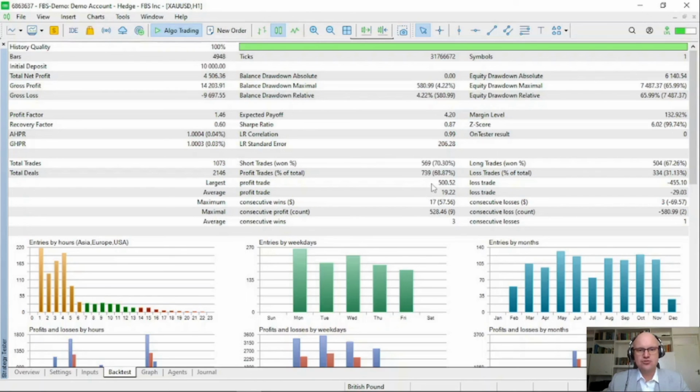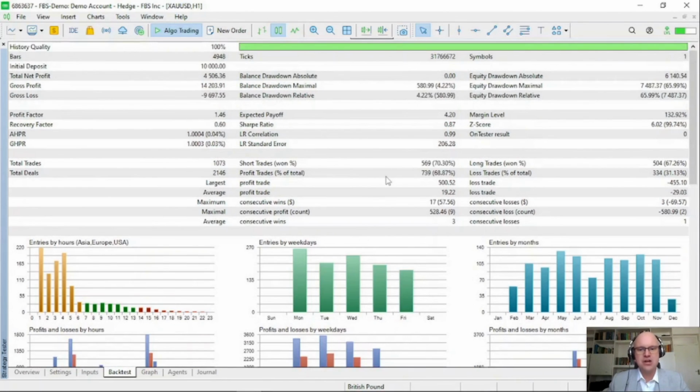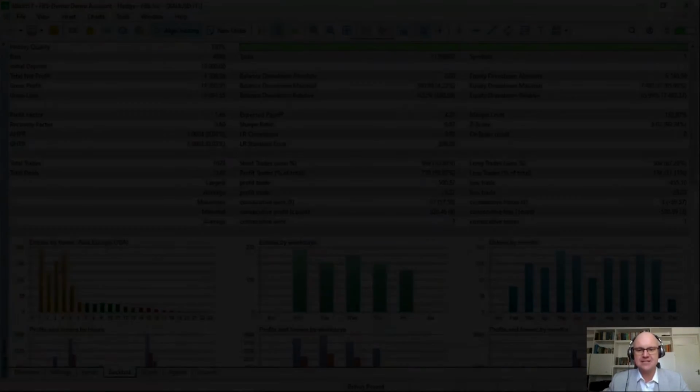Out of the 1,000 trades, it was able to win over 739, meaning an average consecutive win rate of 3 and an average consecutive loss of 1. The largest profit trade was 552 and the largest loss 455 and 10 cents, giving us an average profit of $19.22 and an average loss of 29 and 3 cents.